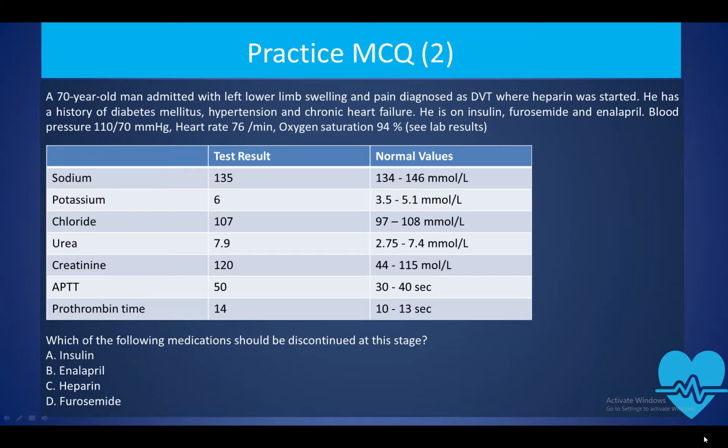Heart rate is 76. Oxygen saturation 94%. Sodium 135, potassium 6, chloride 107, urea 7.9, creatinine 120, APTT 50, and prothrombin time is 14.